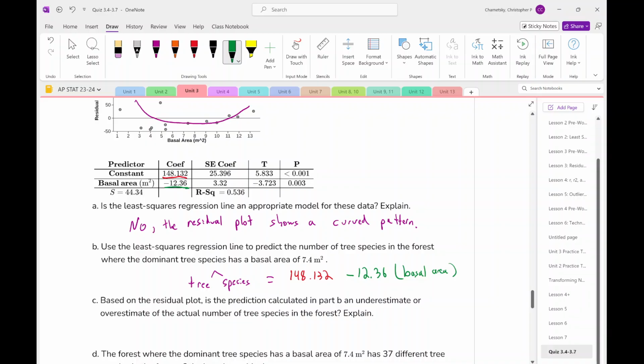All we're going to do is plug in 7.4 into that equation. So plug in 7.4 for our basal area. Go to our calculator to do that.